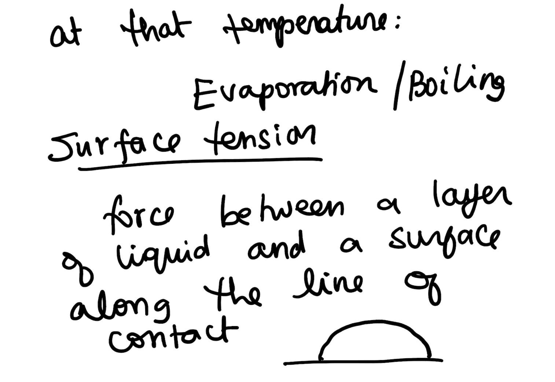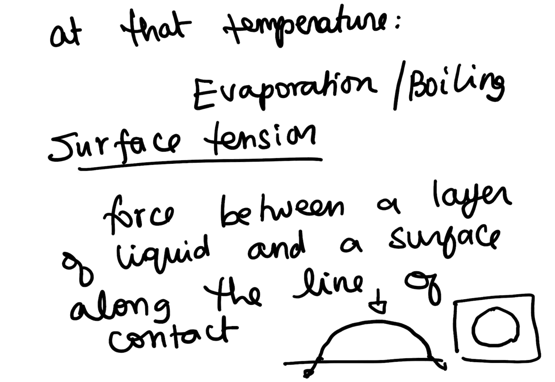Like, for example, if you have a droplet that's lying on a surface, if you think of the top view, here is the top view, you have a circle that is the line of contact. It is the force that acts along the line of contact. It is the attraction between the droplet and the surface acting along the line of contact.